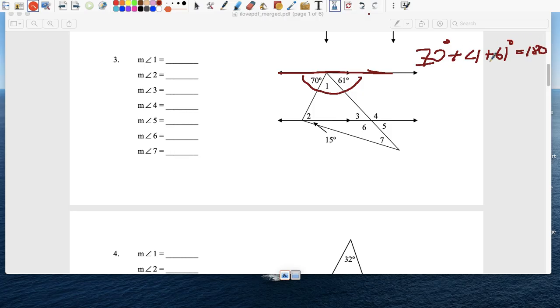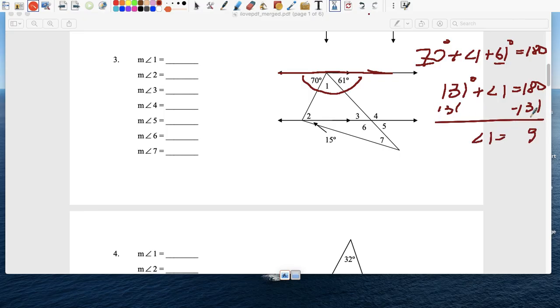Let's combine like terms. 70 and 61 is 131 degrees, plus angle 1 equals 180. So if I subtract 131 from 180, angle 1 is 49 degrees. And you can always confirm by adding all 3 angles. If I add these 3 angles, it should add up to 180.